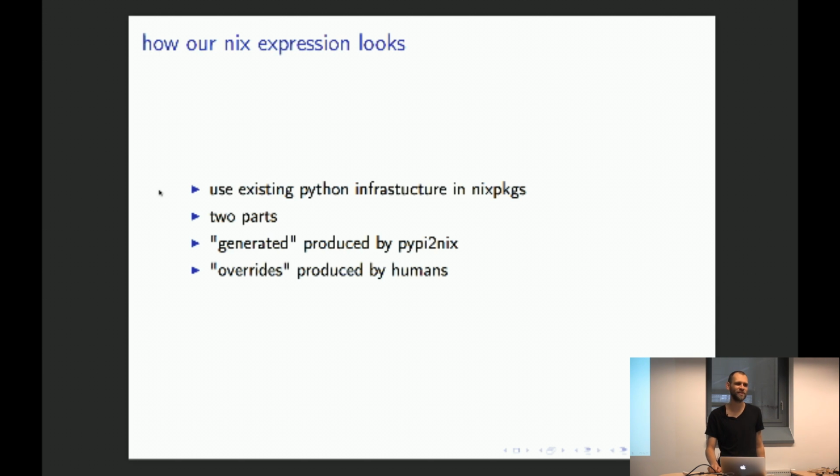The overrides are there first of all to give the user the ability to insert special information that PyPI2Nix couldn't find.